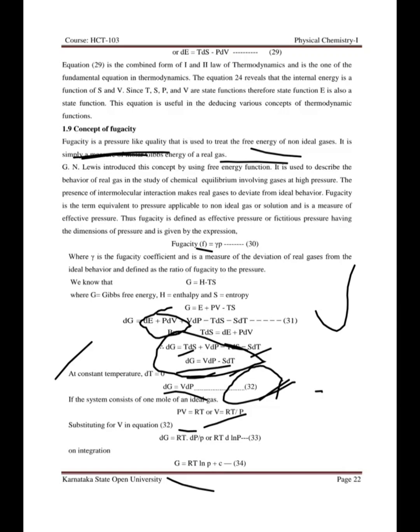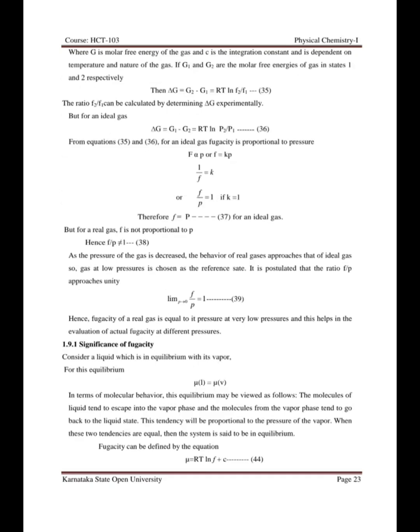That is the equation 34, where G1 and G2 are the molar free energies of the gas in state 1 and state 2. And next, equation 35 is with respect to gas state 1 and gas state 2.